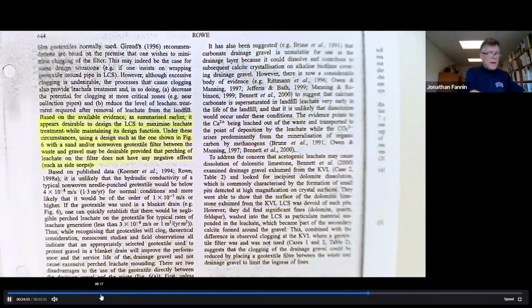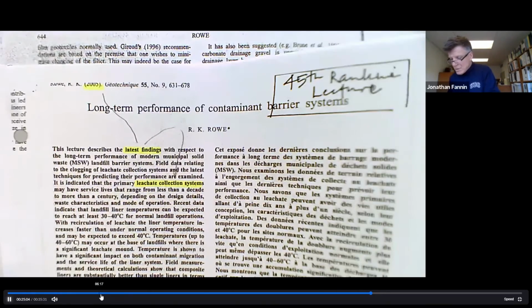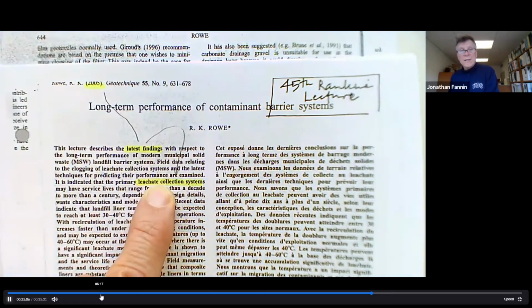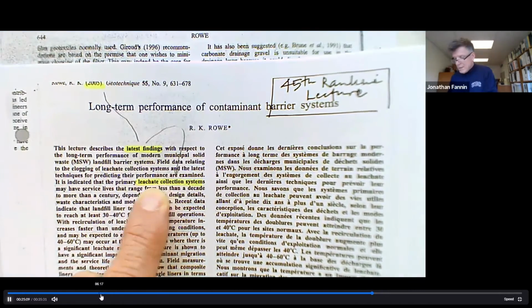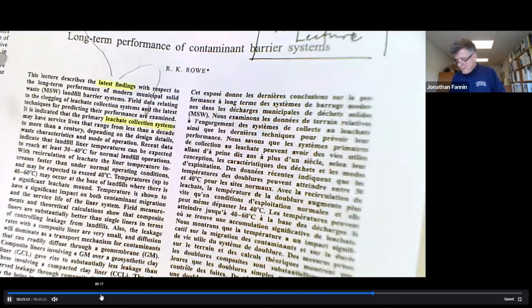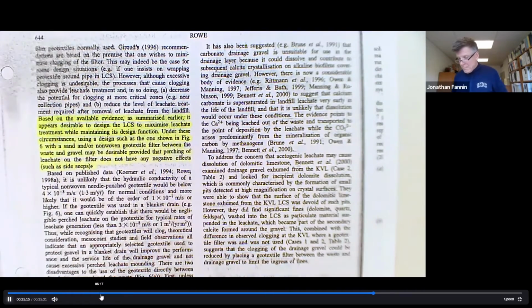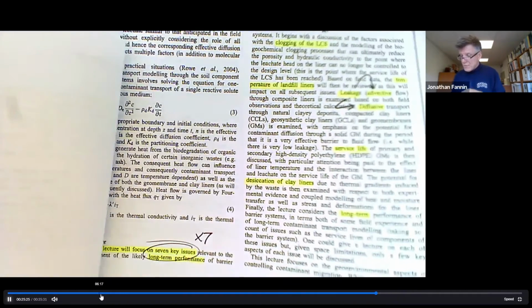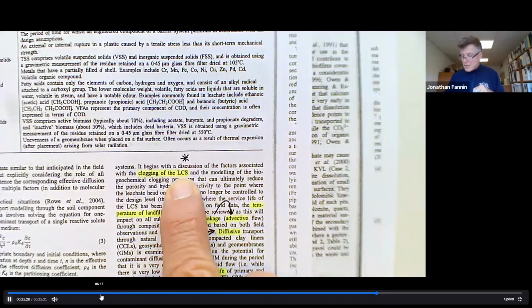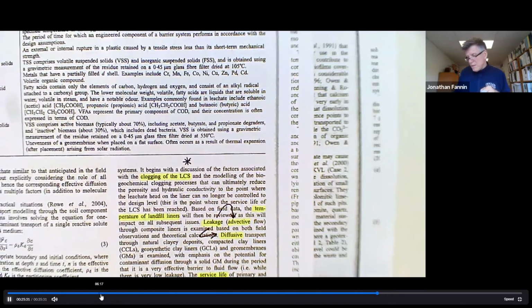Now, if I go back, and I'm going back to go forwards, let me just remind ourselves of the context. I said I wanted to target the latest findings with regard to leachate collection systems. And that's what we've done, and that's how we end up where we are here. And we observed that that was one of seven key issues, clogging of the leachate collection system, and then there were another 6.